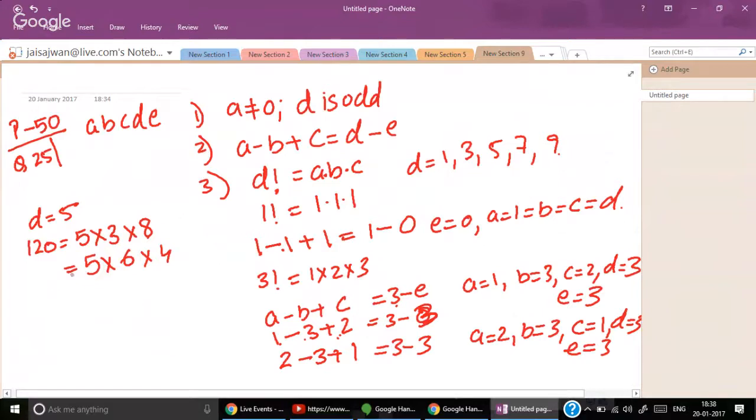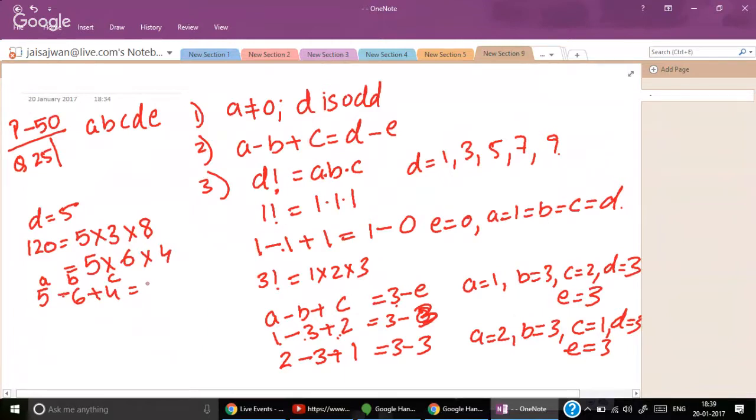So when D is equal to 5, you got these numbers which are A, B, C. So you need to cross check these numbers. What is 5 minus 6 plus 4? So I'm saying this is A, this one is B, this one is C. What is 5 plus 4? 9. 9 minus 6, 3.